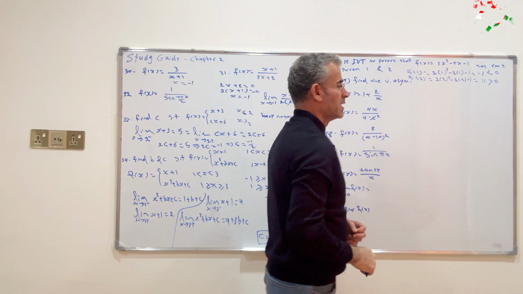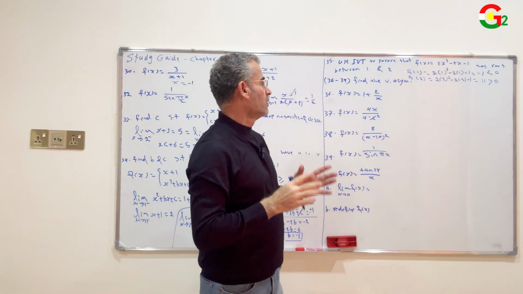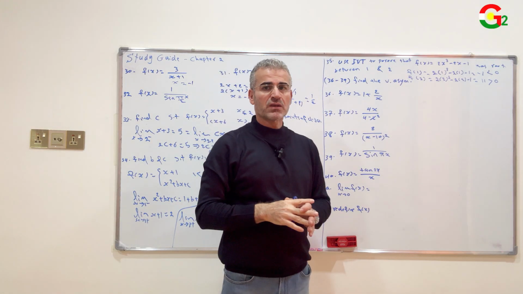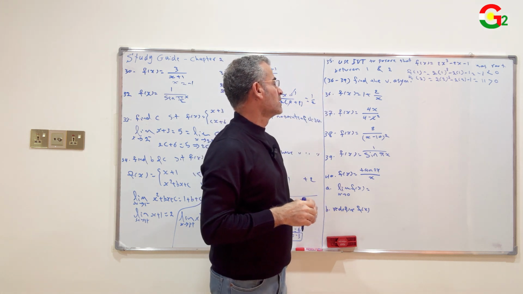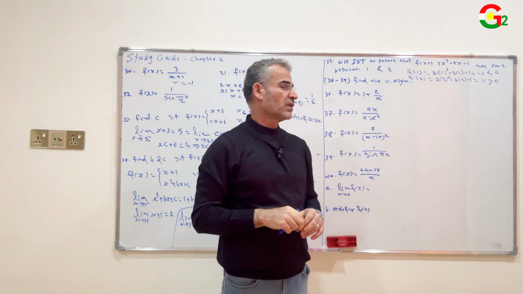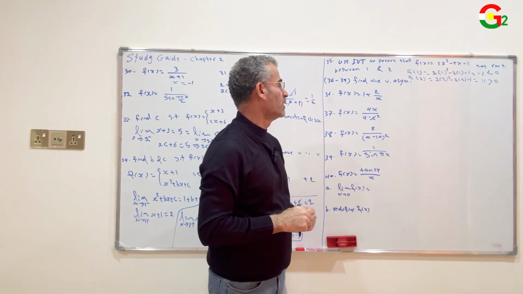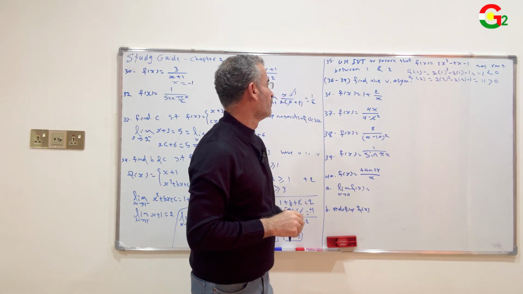Since f of 1 is less than 0, f of 2 is greater than 0, and the function is continuous, the function satisfies the conditions of the intermediate value theorem and has a root between 1 and 2.